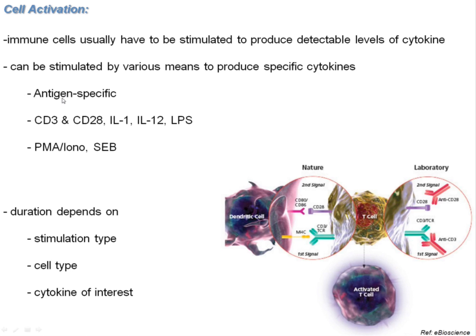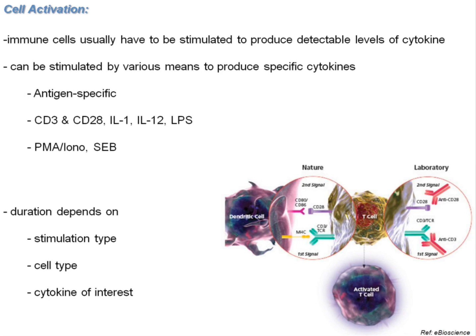So unless it's a very strong, potent antigen-specific response, we may want to use superantigens, whether anti-CD3 and anti-CD28, or particular cytokines which will stimulate the expression of other cytokines, or Staphylococcus enterotoxin B or PMA ionomycin. I'm sure there are various other examples, but it's something we need to think about. Maybe we need to activate and prime these cells to be able to detect a certain cytokine response.